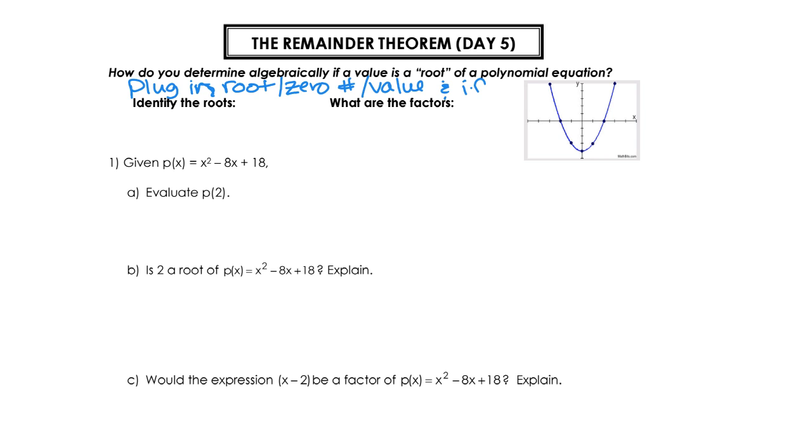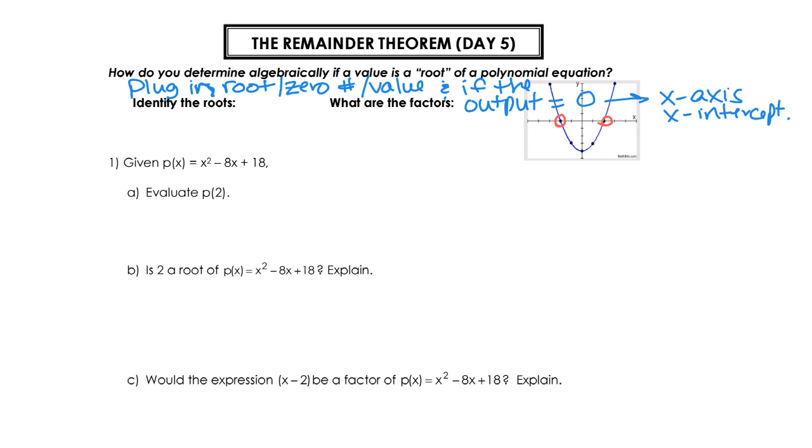And if the output equals 0, that means it lies on the x-axis and would be an x-intercept, thus being a zero or a root. All right. Then it says in this little picture here to identify the roots.